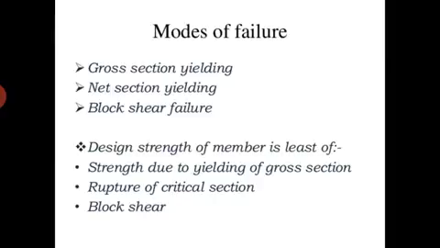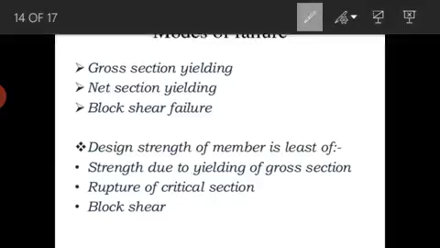They may fail either by cross section yielding, or by net section yielding or net section rupture, or by block shear failure. These are the three modes of failure of tension members as I listed here.